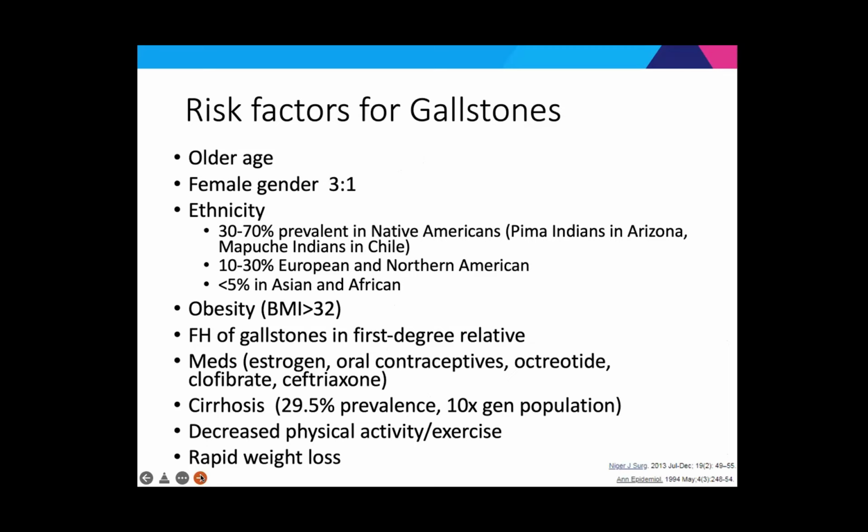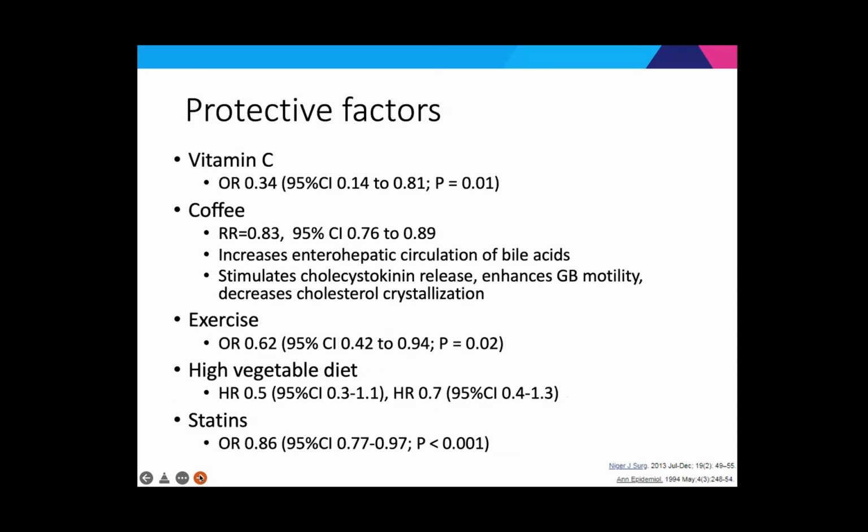In rapid weight loss or a fasting state, your gallbladder is contracted, so the bile is not flowing as fast as it normally should. You also mobilize more cholesterol from adipose tissue. So your cholesterol concentration in bile increases, which increases your risk of cholesterol stones. And here are some of the protective factors found in population studies: high vitamin C intake, coffee, exercise, a high vegetable diet, and statins.